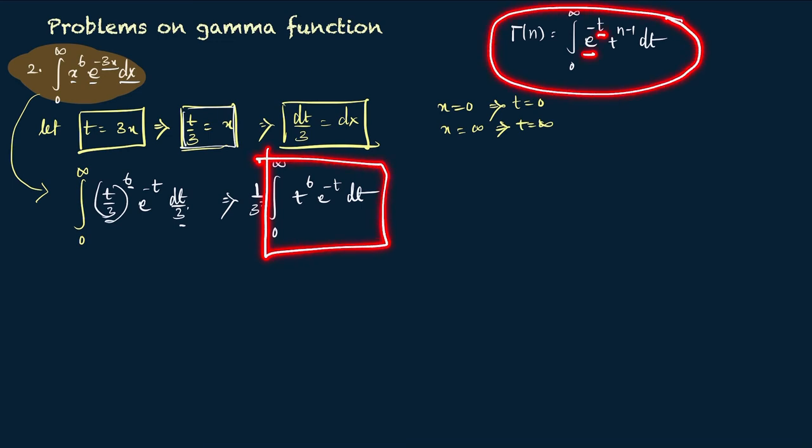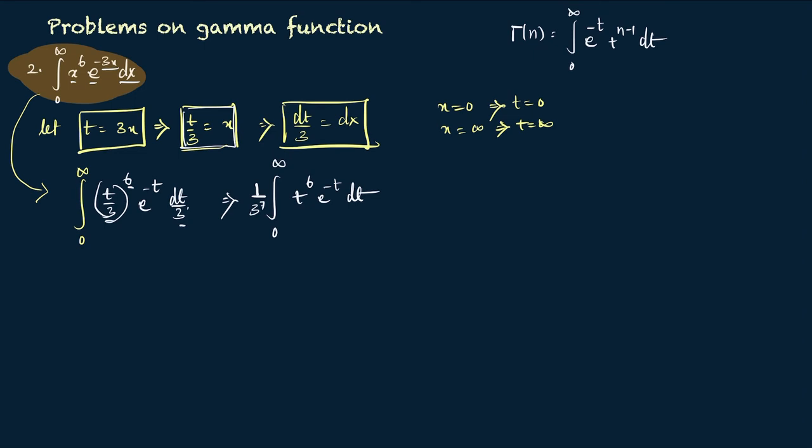Here e power negative t is there, t power n minus 1 is there, but t power 6 is there. So the only thing I have to equate is n minus 1 is equal to 6, so n is going to be 7. So this is the definition of gamma of 7, right? So 1 by 3 power 7 into gamma of 7.